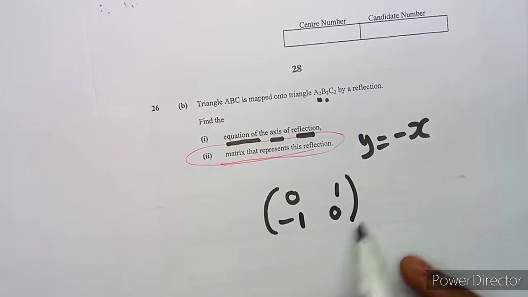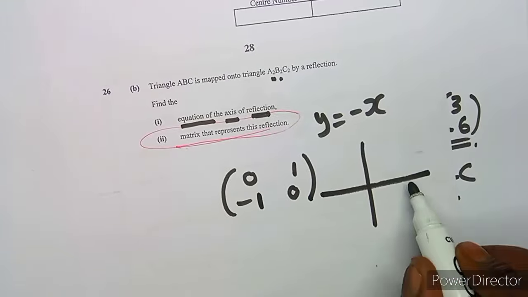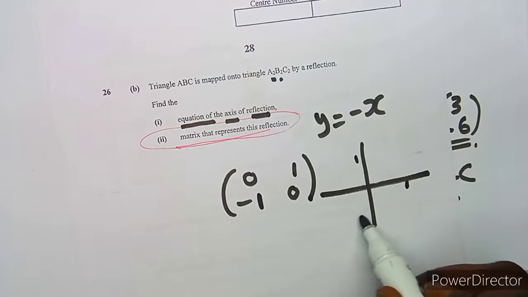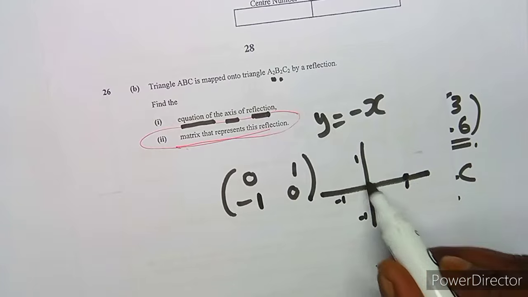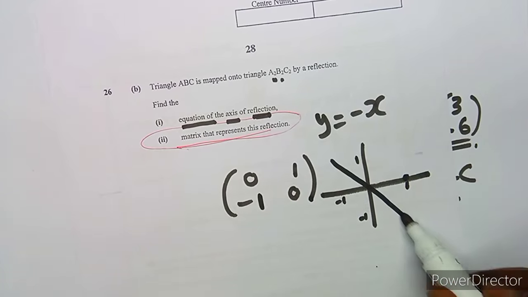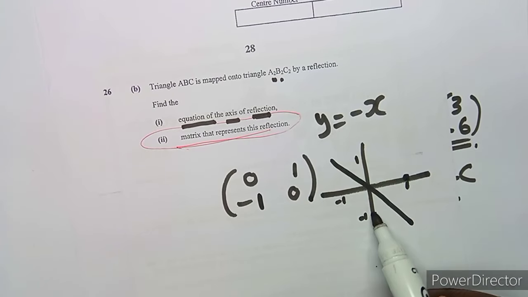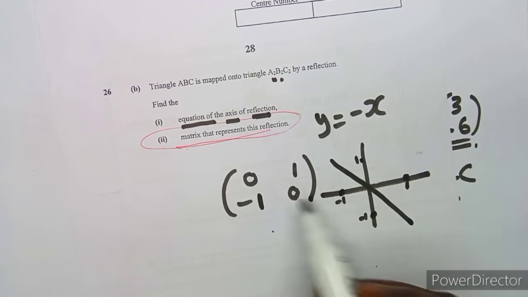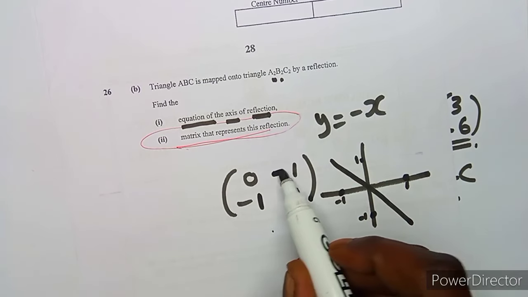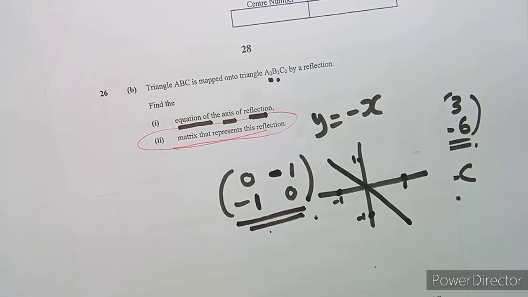Remember here where you have 1, 1, -1, and -1. If you reflect this point in this line, it is going to reflect to this point, which is (0, -1). Then this point reflects here, so it's (-1, 0). So this is for the line y = -x.